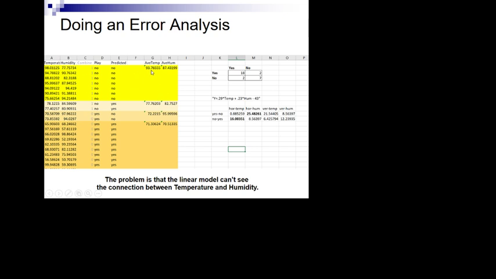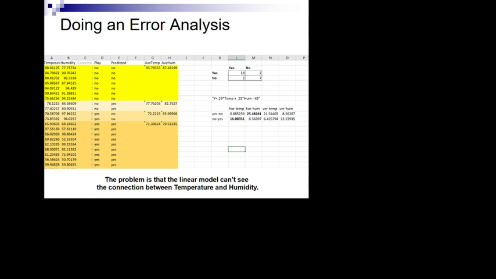So this 93.765555 is the average of all of the temperature values in the set of ones that should be predicted as no and were correctly predicted as no, whereas the 87.43 is the average value of all of the humidity scores in that same cell, and so on down the line.